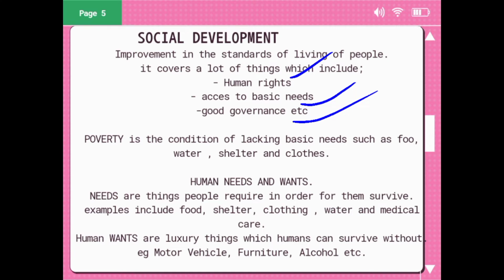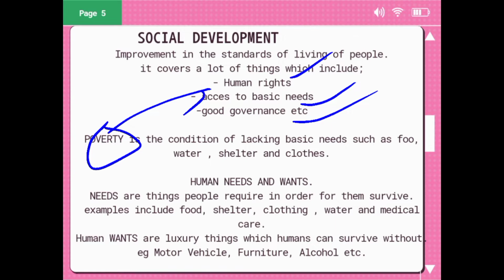There is this theme here. It is coming as a result of this point here: access to basic needs. Poverty is the condition of lacking basic needs. That is poverty. Not where you have food, you have clothes, you have water, you even have a very nice house, then you're saying, no, poverty.